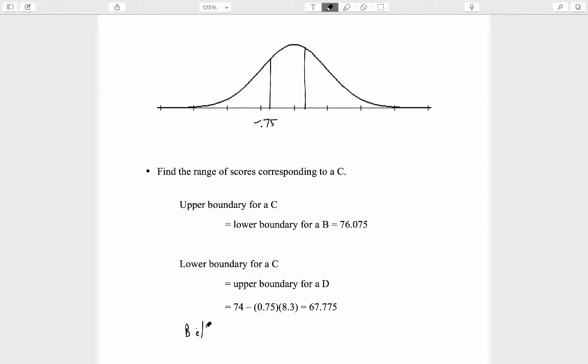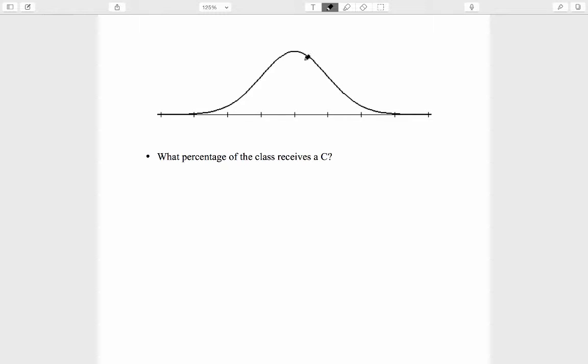Thus, our range of exam scores for a C is between 67.775 and 76.075.